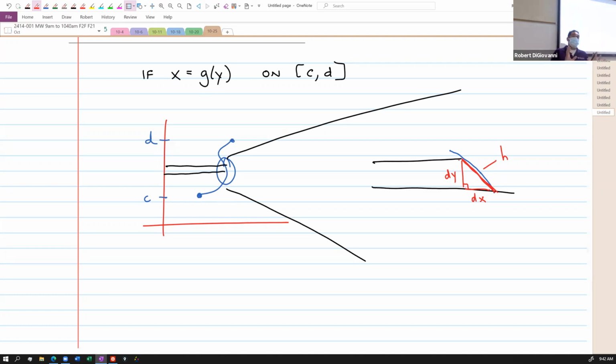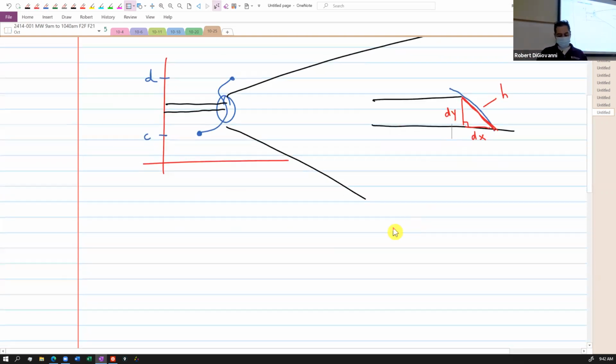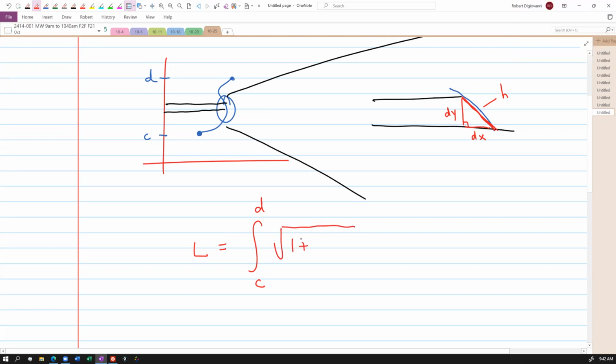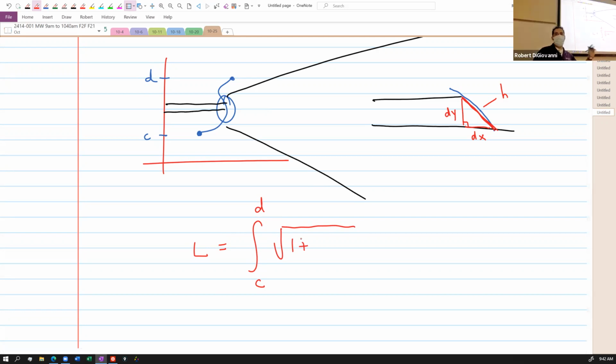Now the formula does look different, but let me show you the setup. I'm not going to go through the whole setup again, but here's what it'll become. The length will be the integral from c to d of the square root of, what do you think, 1 plus x prime of y, the derivative of x, squared dy, not dx. Or there are different ways to say it.